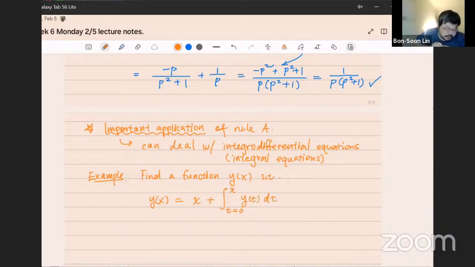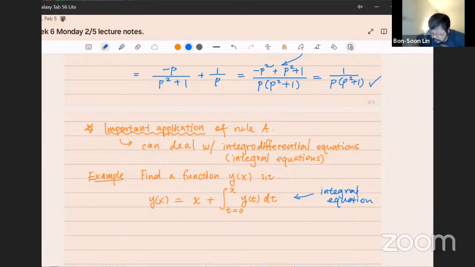This is an example of an integral equation. We don't know what y is, and it says that y is equal to something plus the integral of y, just a simple situation.